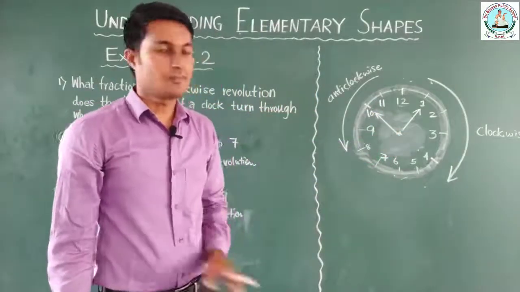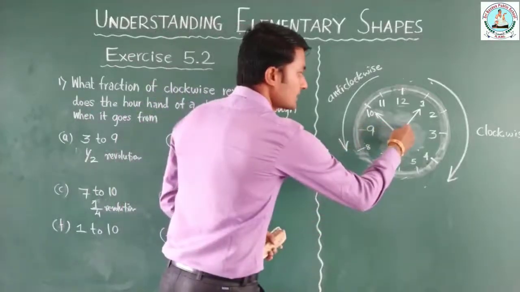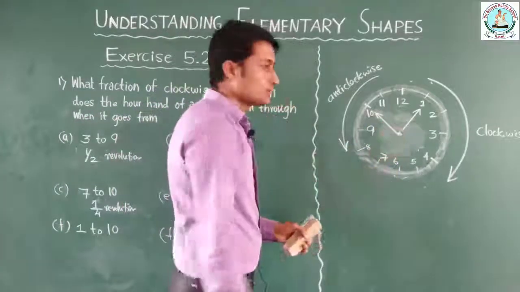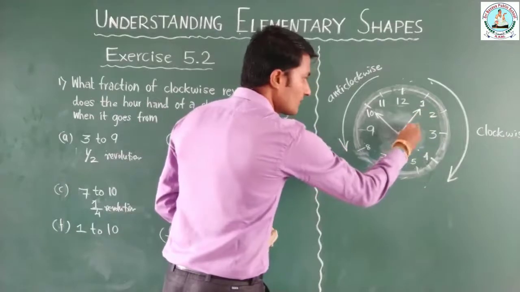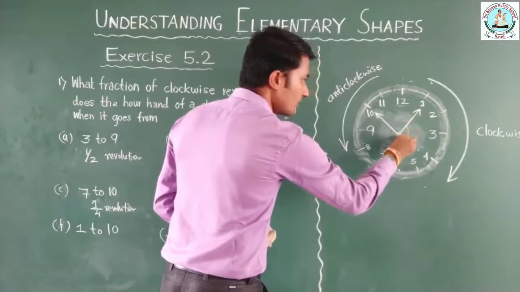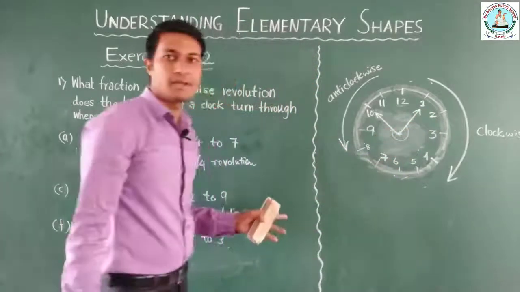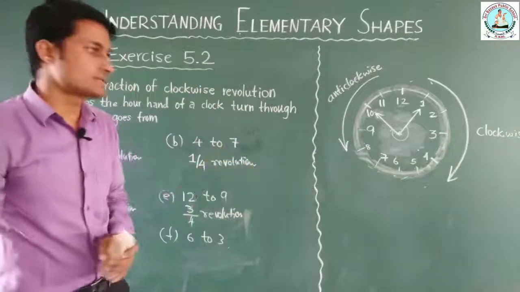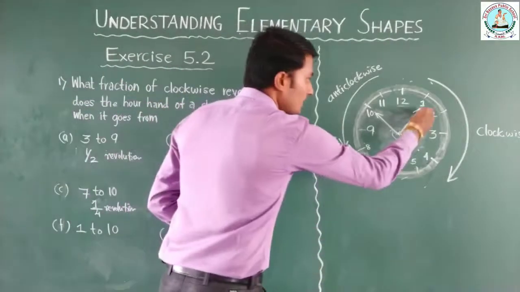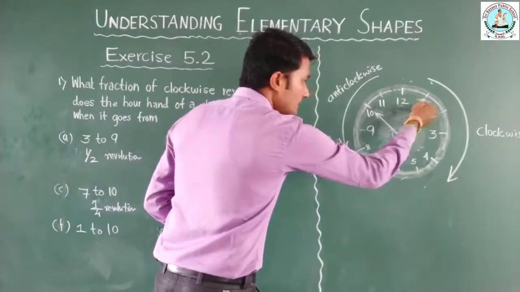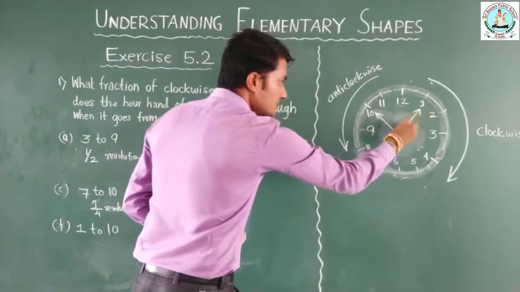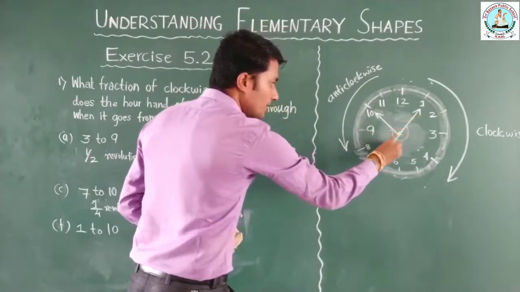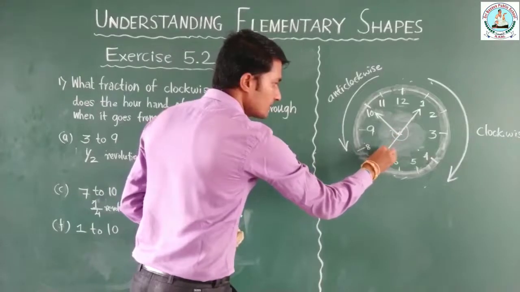You are wrong, because you are thinking in this direction, which is anti-clockwise. So start from 1, which means from here to here. This is the portion we have to find. See here, exactly opposite to 1 o'clock, just extend your ray in this way as well.